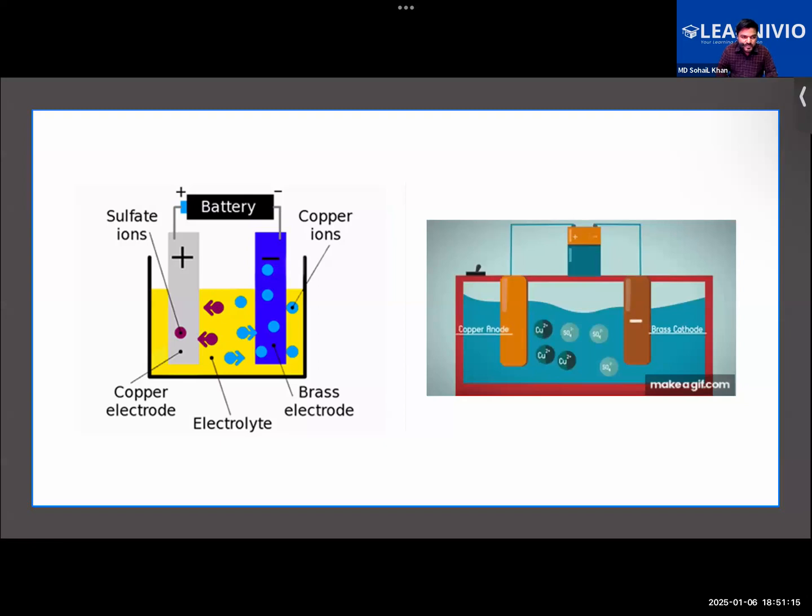Then, one of the electrodes we are using is of the same metal as the electrolytic solution. What is the electrolytic solution here? It is copper sulfate. Getting it?